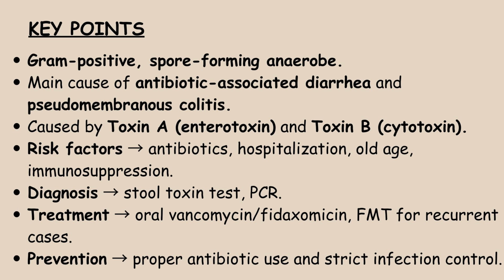Diagnosis is based on stool toxin test, PCR, and endoscopy. For treatment, oral vancomycin or fidaxomicin are the preferred drugs, and fecal microbiota transplantation for recurrent cases. You can prevent the infection through proper antibiotic use and strict infection control in hospitals.